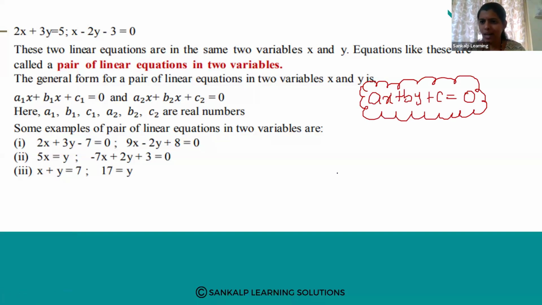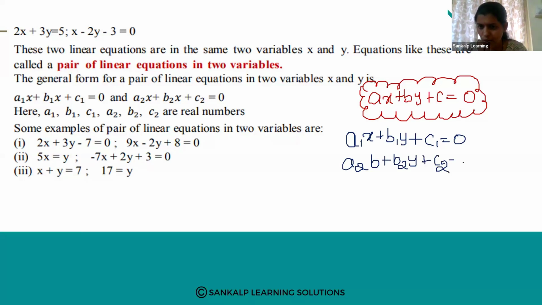So if I consider a pair of linear equations in two variables, the general form will be a1x plus b1y plus c1 equal to 0 and a2x plus b2y plus c2 equal to 0. This is the general form of a pair of linear equations.